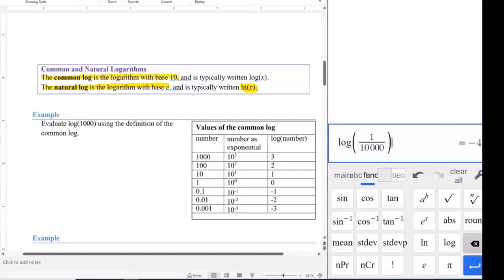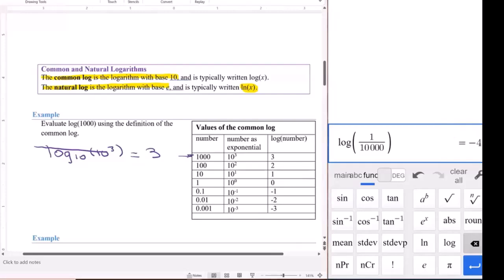So if I evaluate log of 1,000 using the definition of common log, this is the same as log base 10 of 10 to the 3rd power. And if I use that rule, these cancel, and that equals 3. Boom.